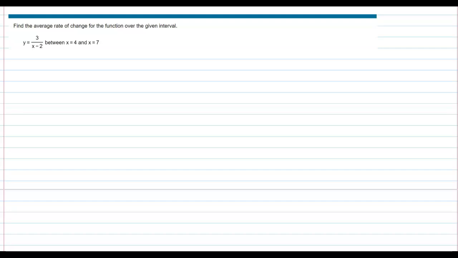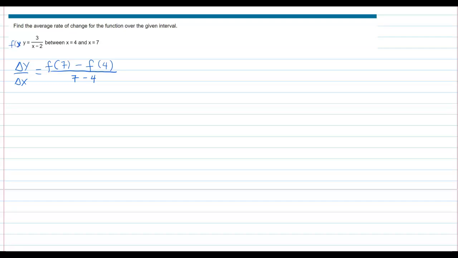So in other words, if you are to find the average rate, you're just going to get the change in y, so that means f of 7 minus f of 4 divided by the change in x, that is 7 minus 4. Okay, so this is your average rate. Now our f here is your function y.